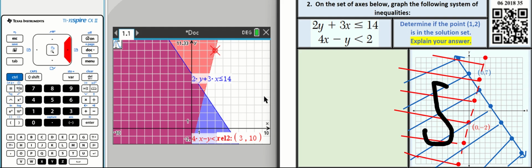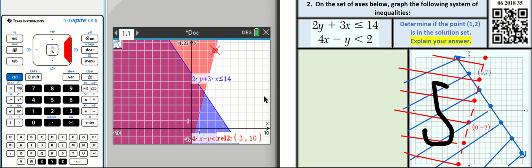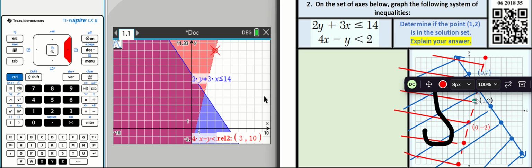Easily explained. And now the question is, determine if the point 1, 2 is in the solution set. The solution is the area that's shaded twice. So 1 over 2 looks like this spot right here. Right on this red dot is not going to be a solution.